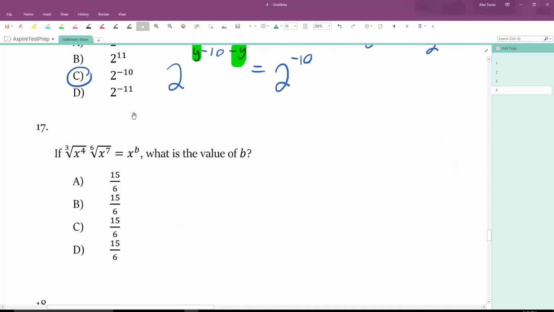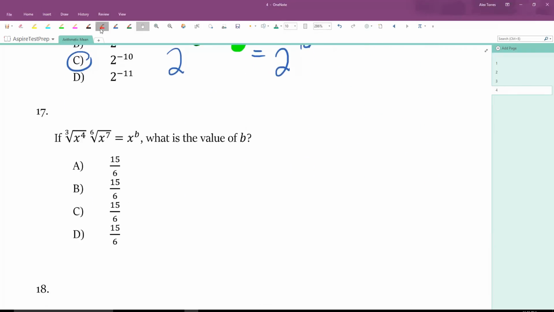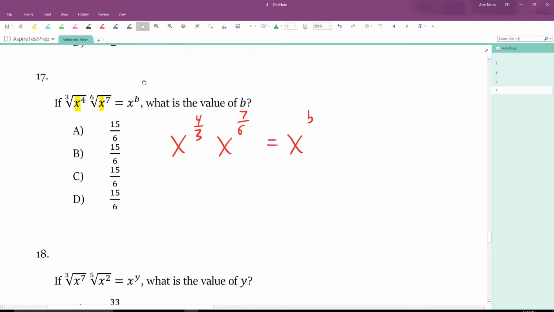Moving on to number 17, we can go ahead and write both of these expressions of x as fractional exponents. So this is x to the 4/3 times x to the 7/6 equals x to the b. And this is, like I said before, exponent rule number 1, which says that in this situation you're supposed to add.